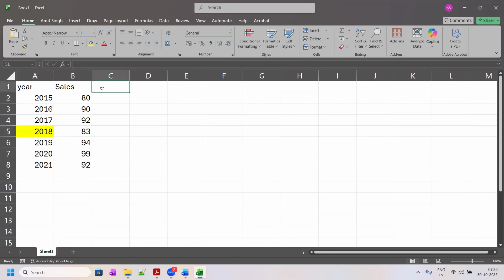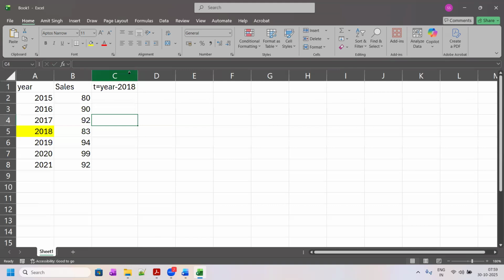Can I write an equation here, T is equal to year minus 2018? Then I'll find this variable T. So what would be your T? T would be minus 3, minus 2, minus 1, 0, 1, 2, 3. Getting it, everyone?